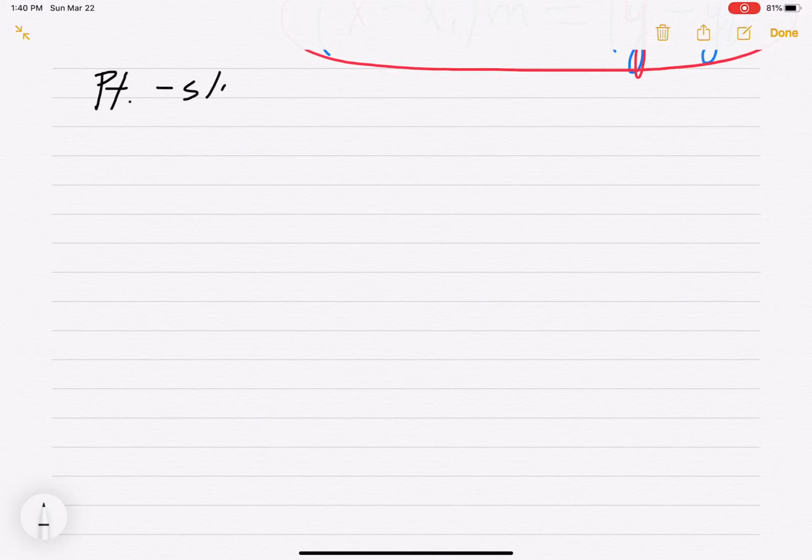Point-slope form for the equation of a line.